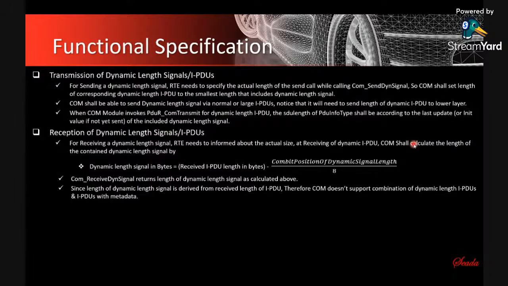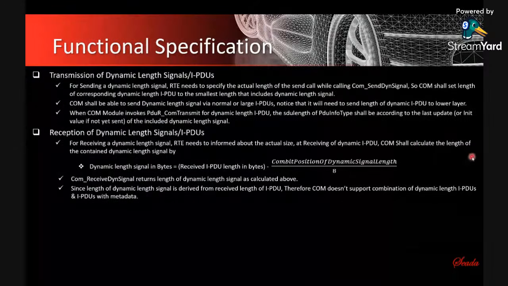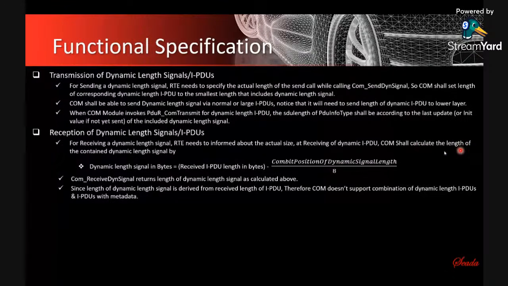Why do we do this? This is because we saw in the last slides that the update bit must be inserted at the beginning of your dynamic length signal. So by this equation, it can help him to know exactly the size of your dynamic length. And we agreed also, don't forget that this dynamic signal will always be added at the end of this PDU.